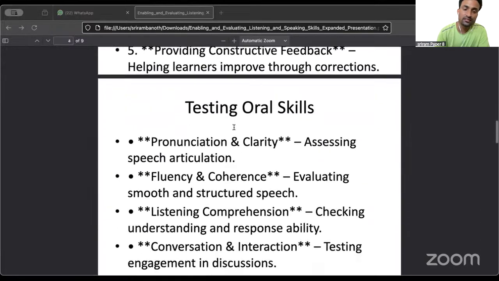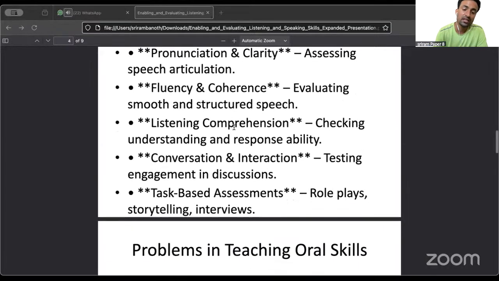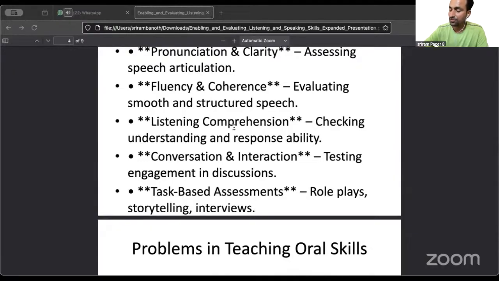Testing oral skills: pronunciation and clarity, assessing speech articulation; fluency and coherence, evaluating smooth and structured speech; listening comprehension, checking understanding and responses; conversation and interactions, testing engagement in discussions; task-based assessment: role plays, storytelling and interviews.